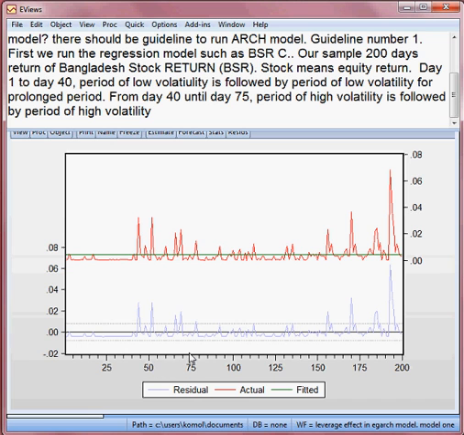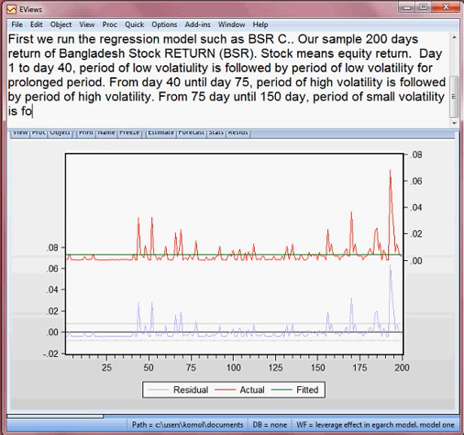Again, from day 75 until day 150, the period of small volatility is followed by another period of low volatility for a prolonged period.